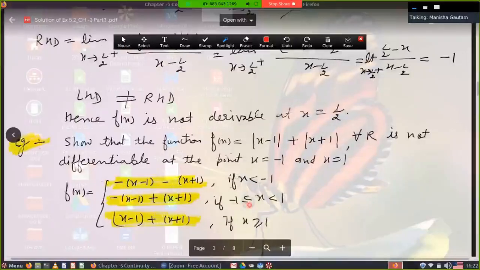Put values in the interval x greater than or equal to minus 1 and less than 1. You are getting the first negative, the second positive. Simplify it. And if x is greater than or equal to 1, put 2, 3, 4, 5, and you are getting the first and second mods both having a positive sign. So 3 intervals will be there when you check x equal to minus 1 and x equal to 1.